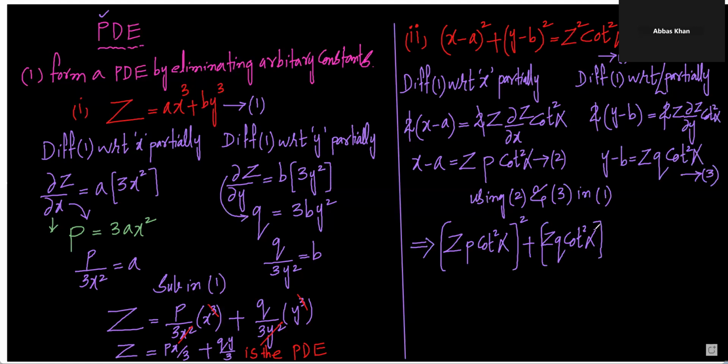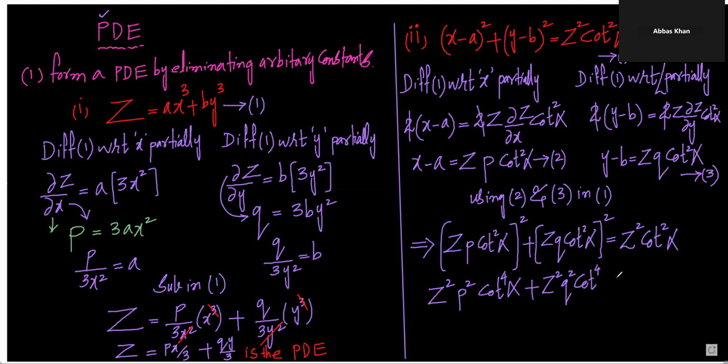This is equal to the right side, z square into cot square alpha. Now square it individually: z square p square cot power 4 alpha plus z square q square cot power 4 alpha.